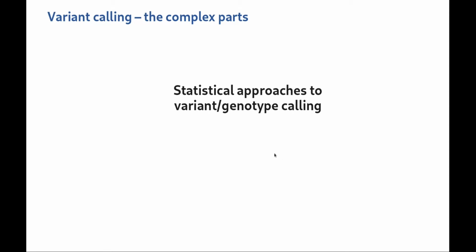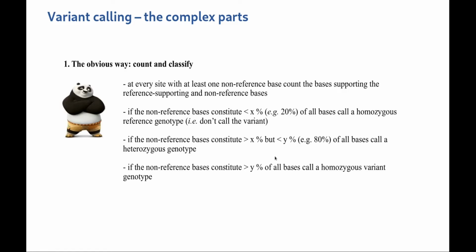Of course, we start with the simplest thing, the obvious way, count and classify again. So this approach is basically just an extension of what we've done before for just variant calling. So now we're dealing with a diploid organism, let's say.